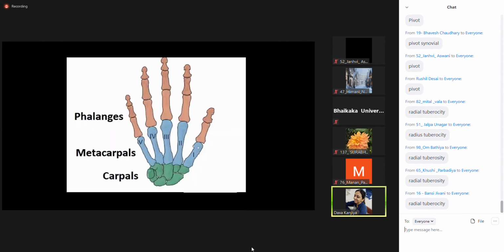Now the articulated hand. First of all, identification of the bones forming the articulated hand. You should be able to identify all the bones and joints between the bones. There are 8 carpals, 5 metacarpals, and 14 phalanges.